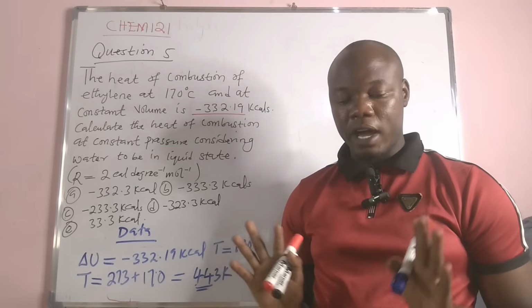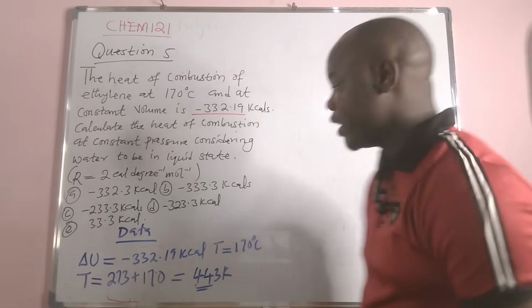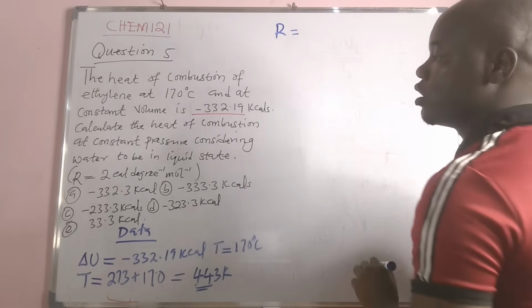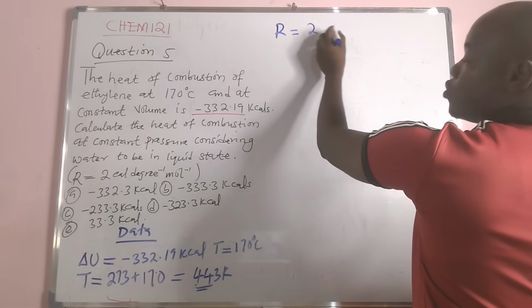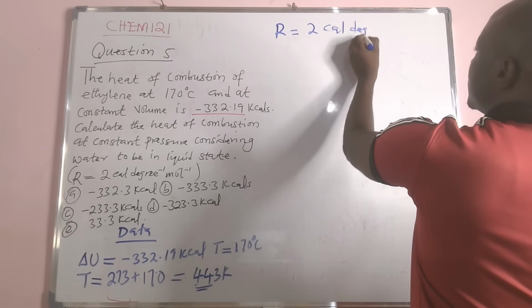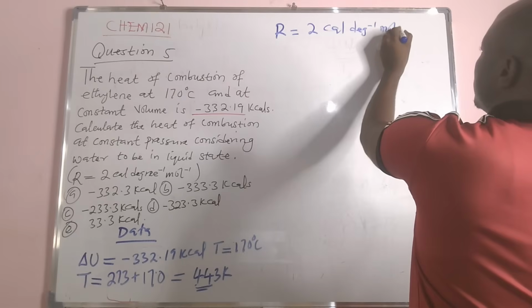And then we also have our R value. R here is equal to 2 calorie per degree per mole.